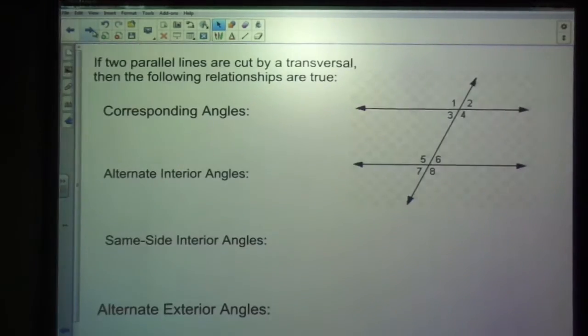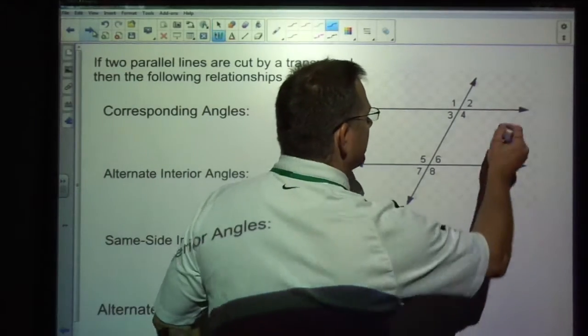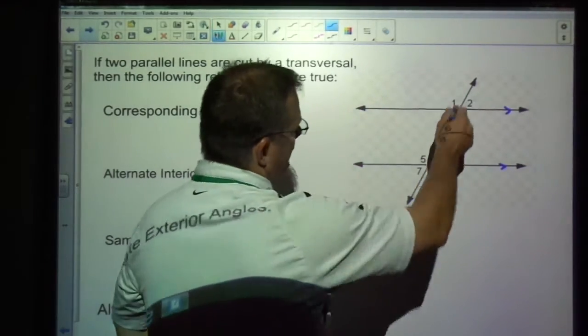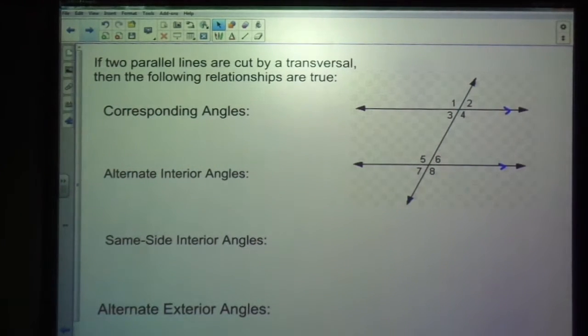Now we're going to look at the scenario where we have two parallel lines, let's say these are parallel, that are cut by a transversal. Now these angle relationships have special relationships. Corresponding angles, remember, are ones that are in the same position.